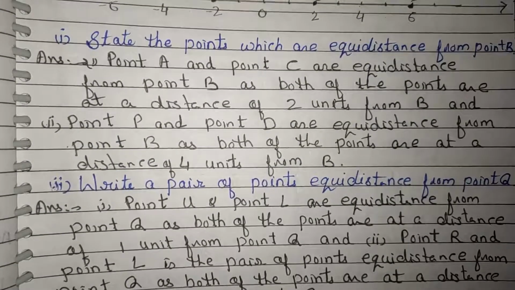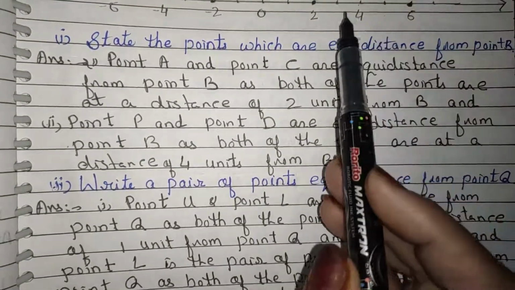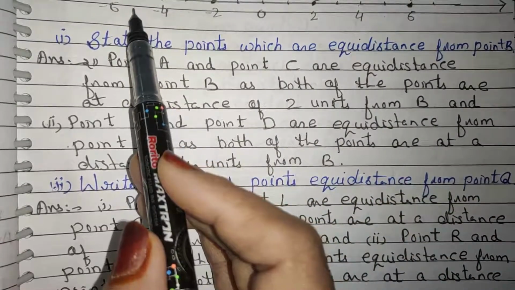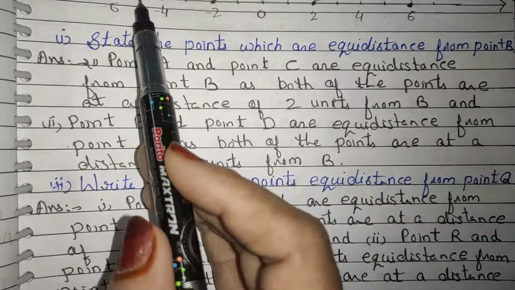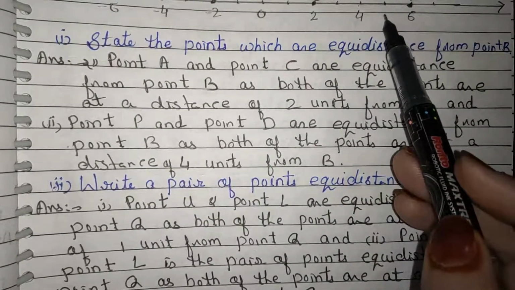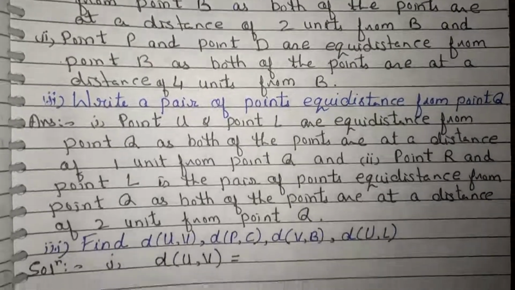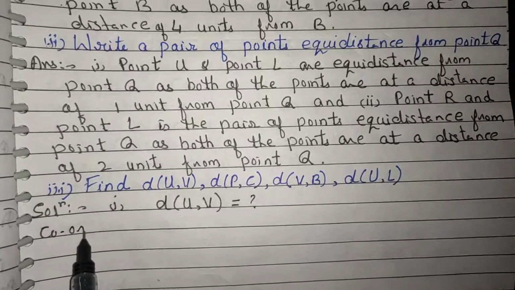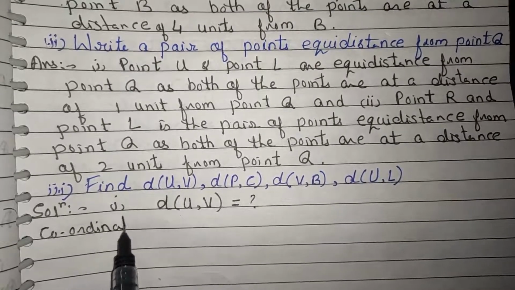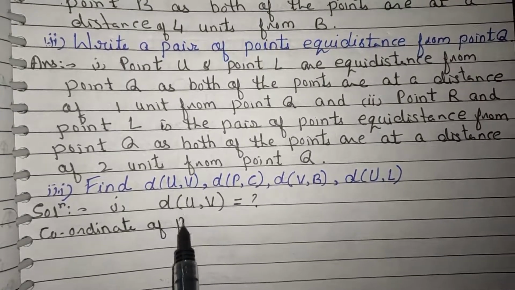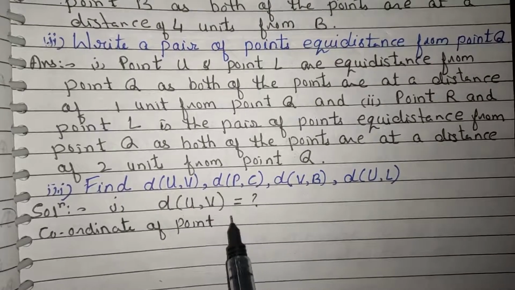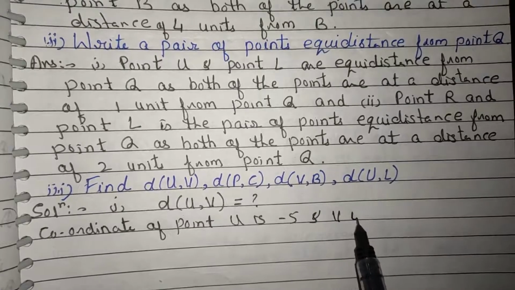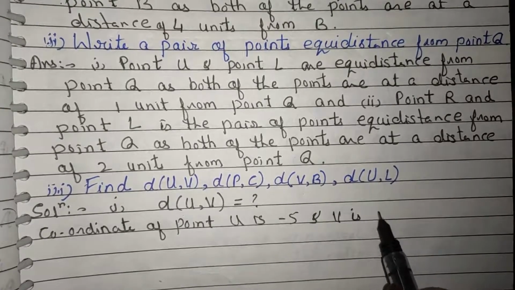Now look here, the coordinate of point U is -5 and the coordinate of point V is 5.